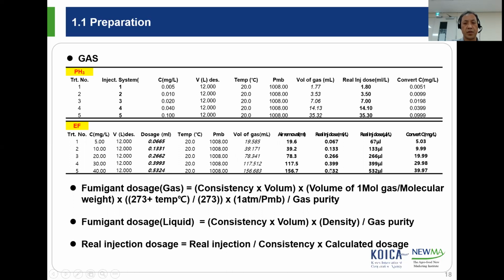So that's why you have to know everything about those things, the volume of gas and the volume of liquid. In order to calculate the fumigation dosage with the liquid, we have to divide the mass by the density to get the volume.